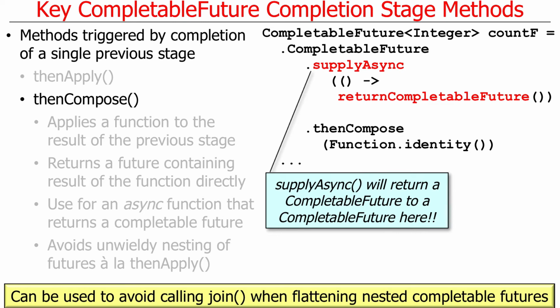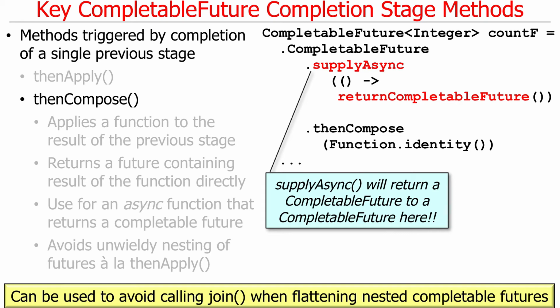Because if we just said return completable future, it wouldn't run in the background. Notice what supply async is doing is running this thing in the background. Whereas this thing, normally, if we peeked inside return completable future, it was just some function doing something or other. It could be doing a variety of things. And you'll actually see in your assignment an example.